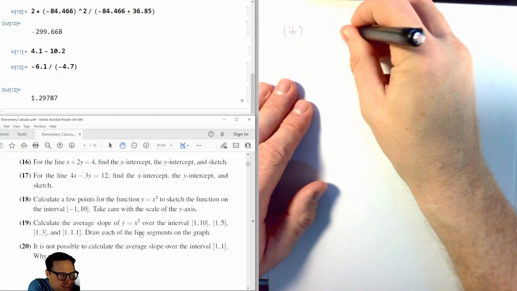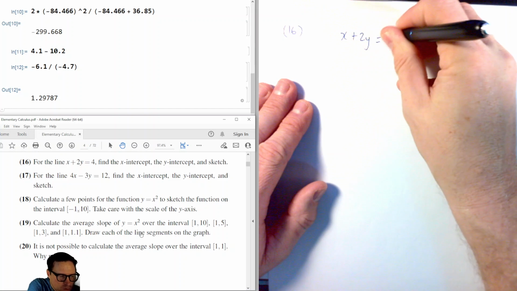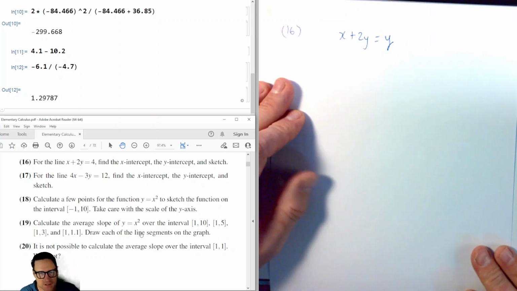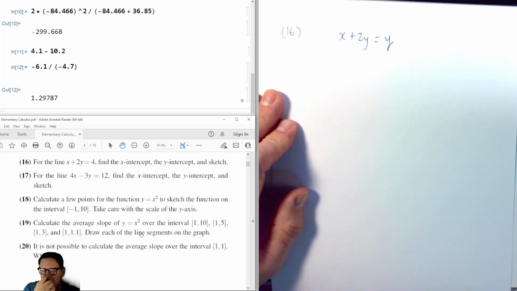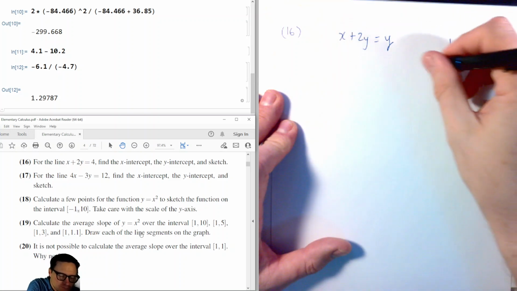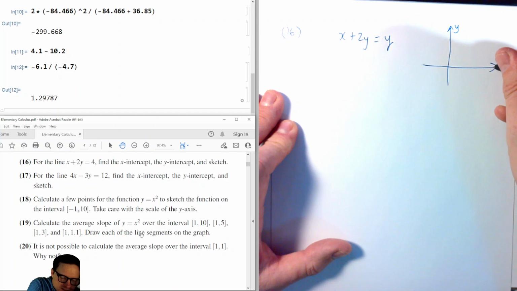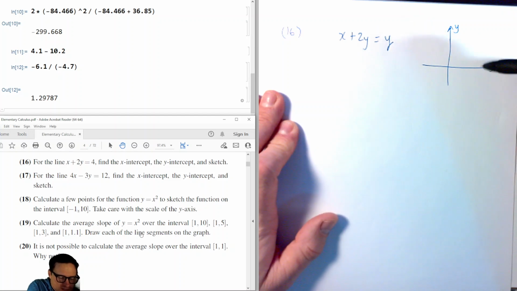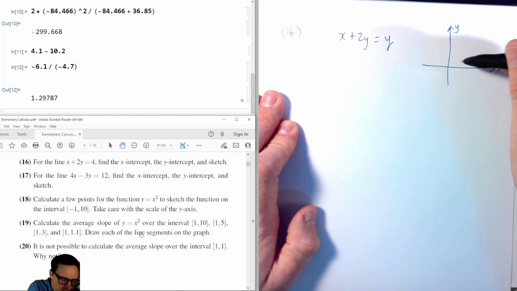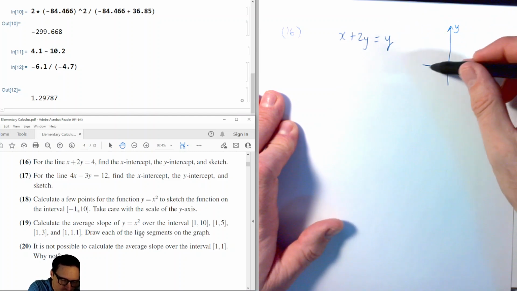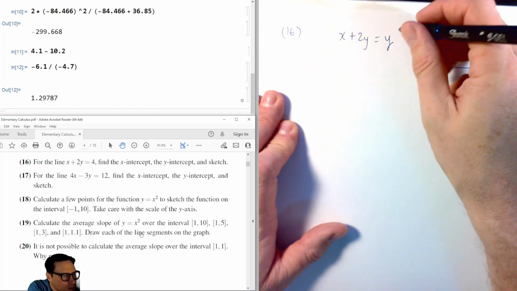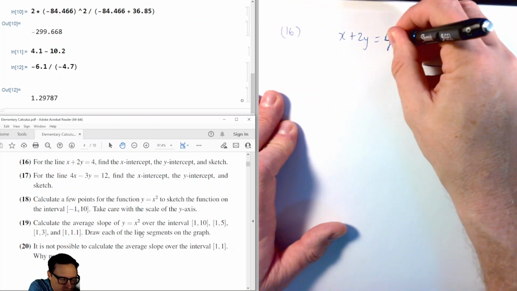For the line x plus 2y equals 4, find the x-intercept, the y-intercept, and sketch. Okay, so here's my x and y axis. The x-intercept occurs when y is equal to 0.